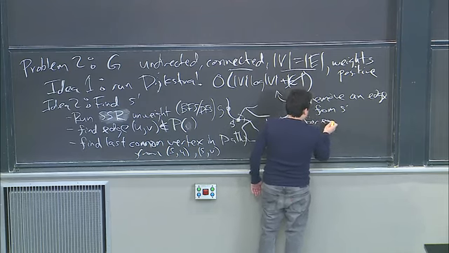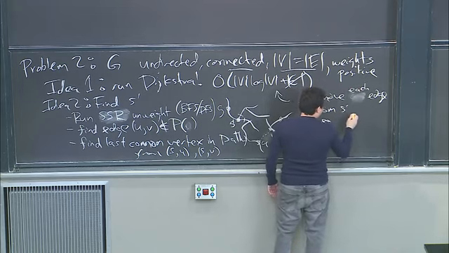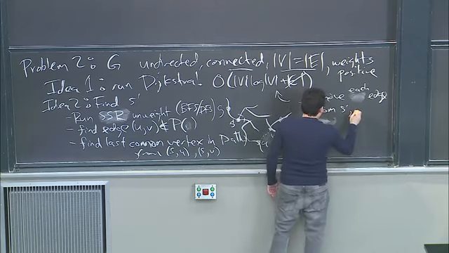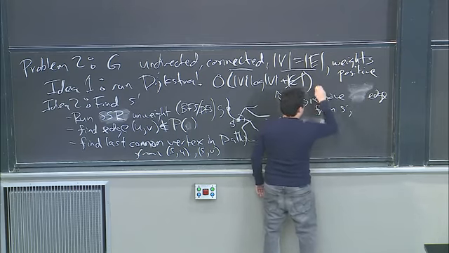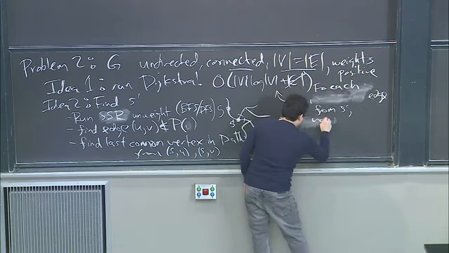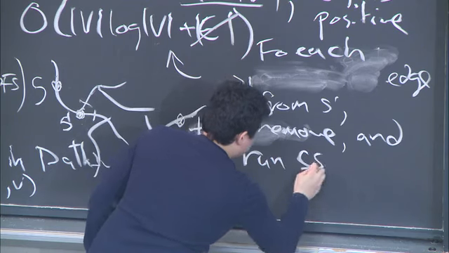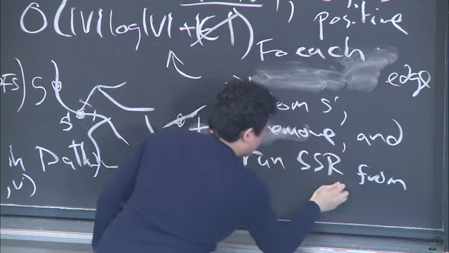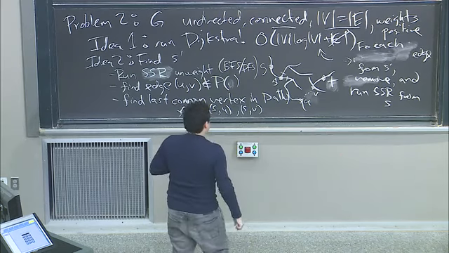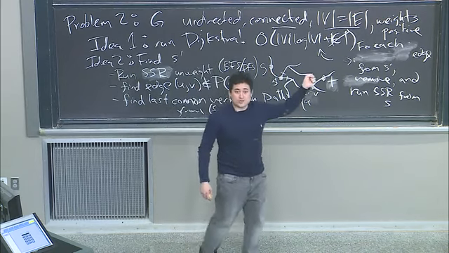For each edge from S prime, remove it and run SSR from S, okay? And one of the paths there to T will be shortest, my shortest path in the original graph, because it can't use more than 2 of those edges.